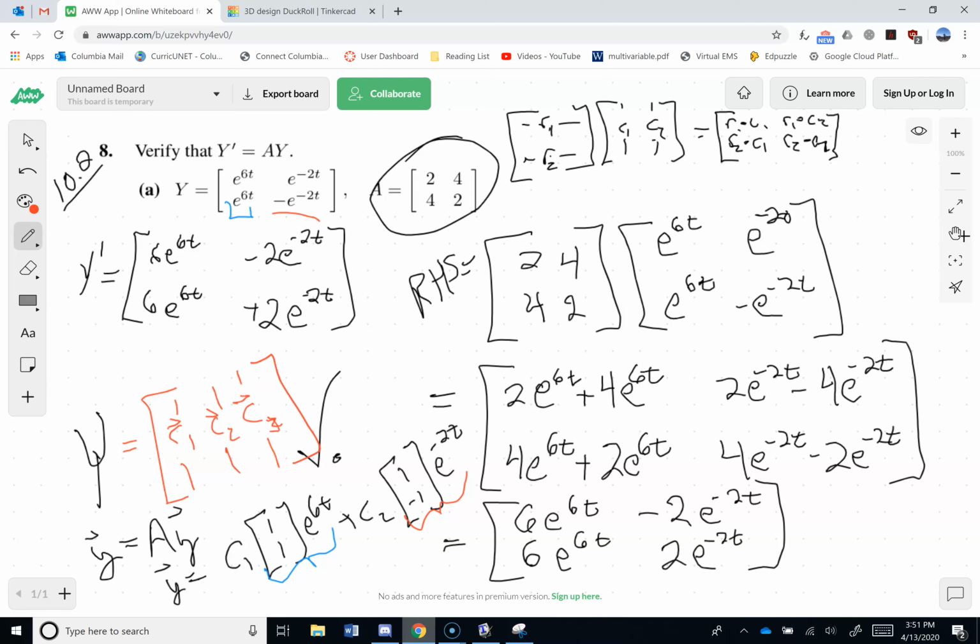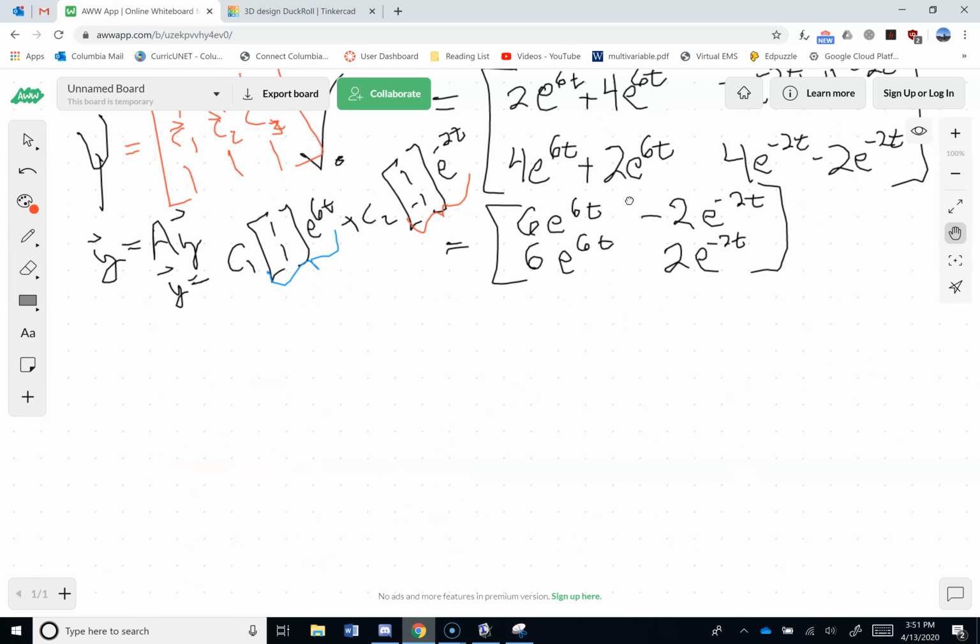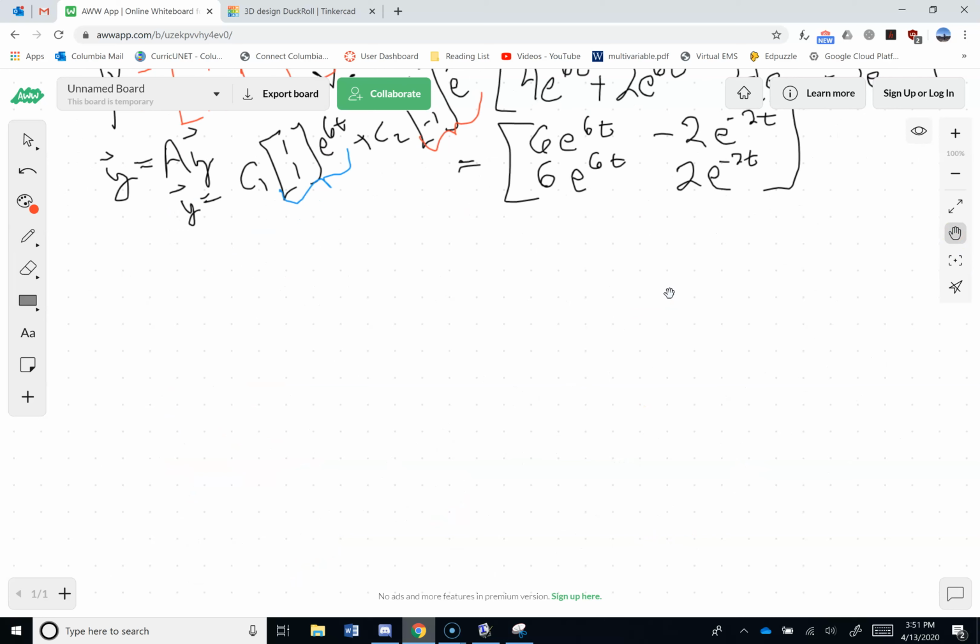And one of the special things about matrix multiplication is a way you can think about it.